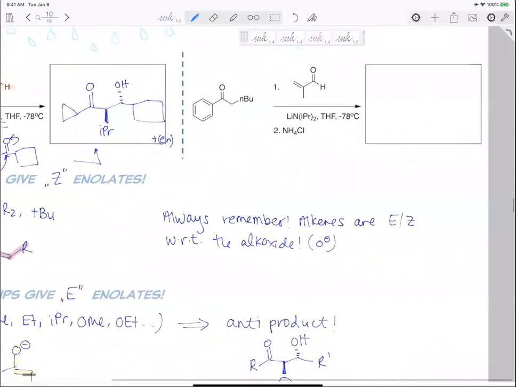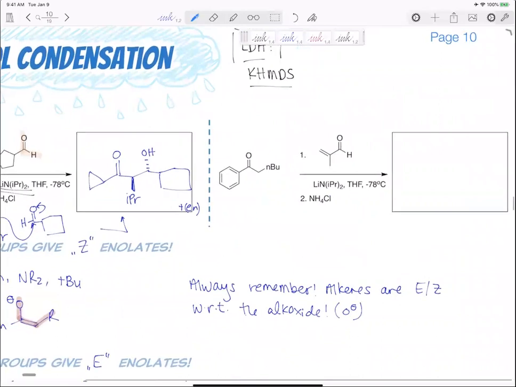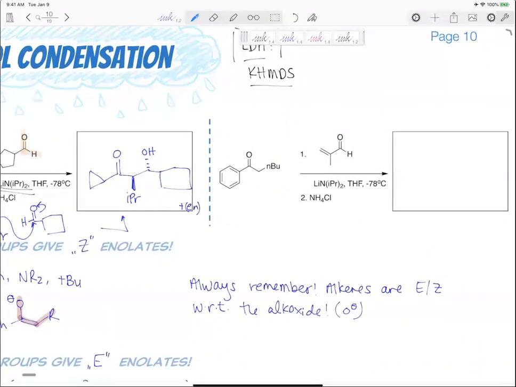All right, so likewise, if we have a big group here, we have to ask ourselves, do we have an irreversible kinetic base? Yes. Okay, do we have an aldehyde? Yes, so we know we can proceed with an aldol reaction.